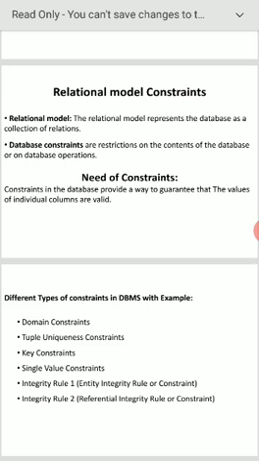Next, tuple uniqueness constraint. You know what a relation is? It is a set of tuples. All tuples or all rows in a relation must be unique or distinct. That means values should not be duplicated.